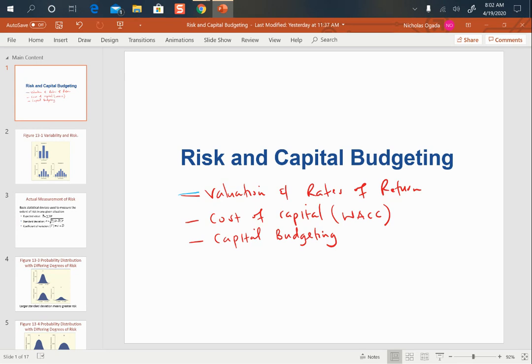These are basically the capital budgeting methods we used to assess investment projects. We looked at the internal rate of return, the net present value, and the modified internal rate of return.